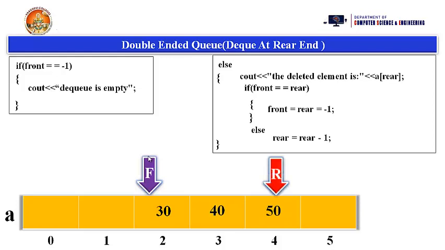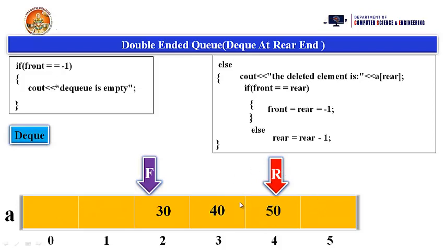That is, front is pointing to the second index position and rear is pointing to the fourth index position. Then I want to dequeue some element using rear end, and the queue consists of only 3 elements here. So the 0, 1 and 5th index positions are empty.